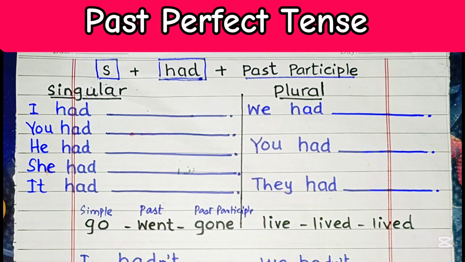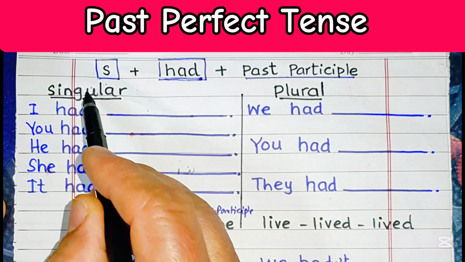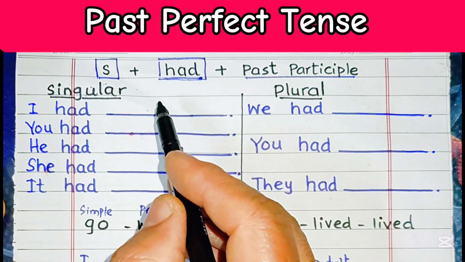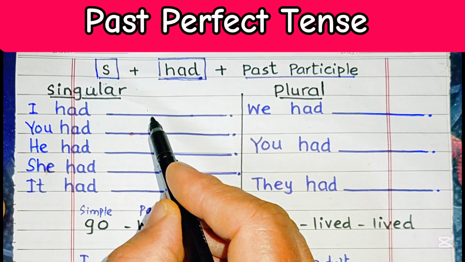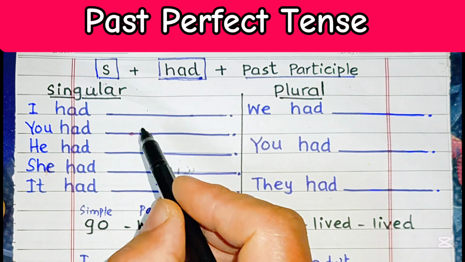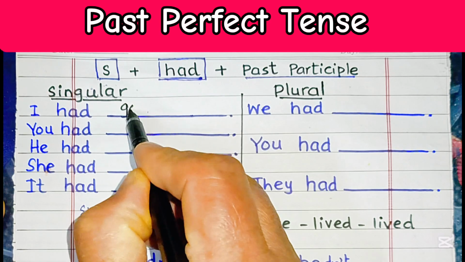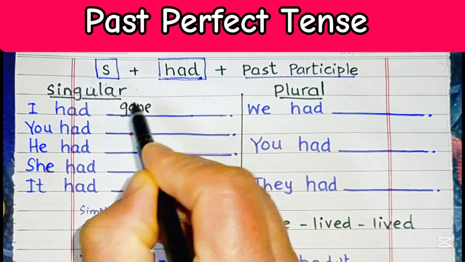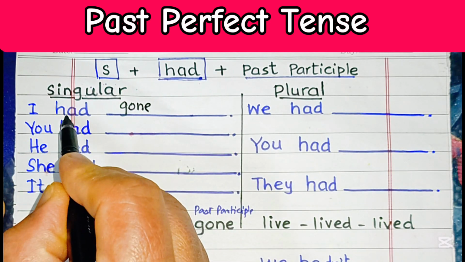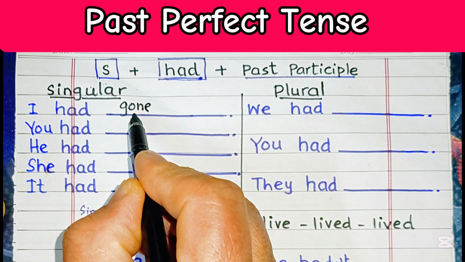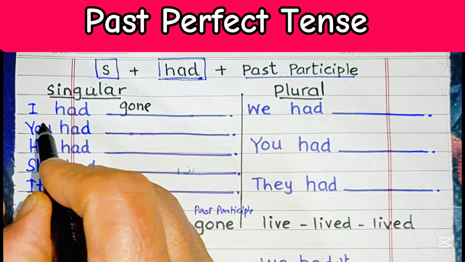So, by using singular pronouns, the past perfect tense will be like this: I had gone. Subject followed by had and then the past participle form of the verb.